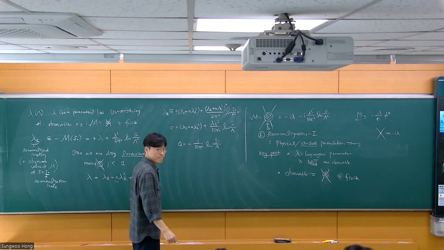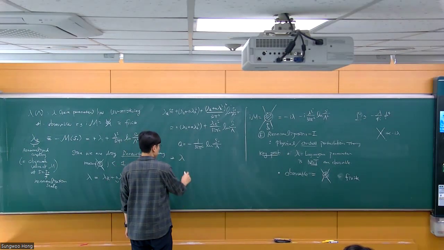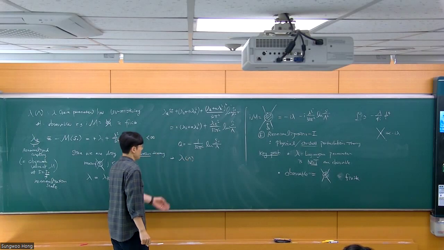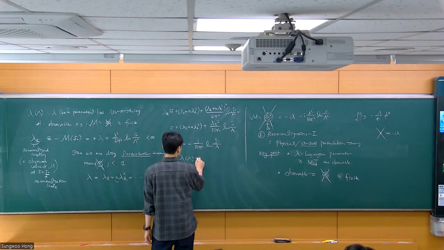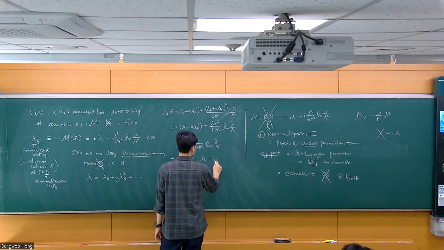Just testing that. So what it means is that the Lagrangian parameter or bare parameter, like I argued or showed, must have a UV sensitivity. And here we actually understand the specific form of that UV sensitivity.